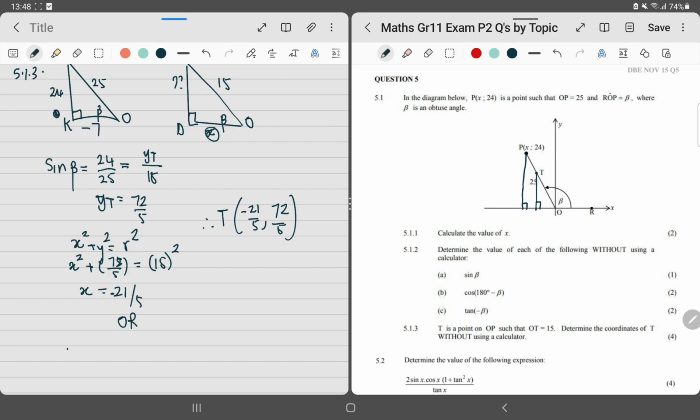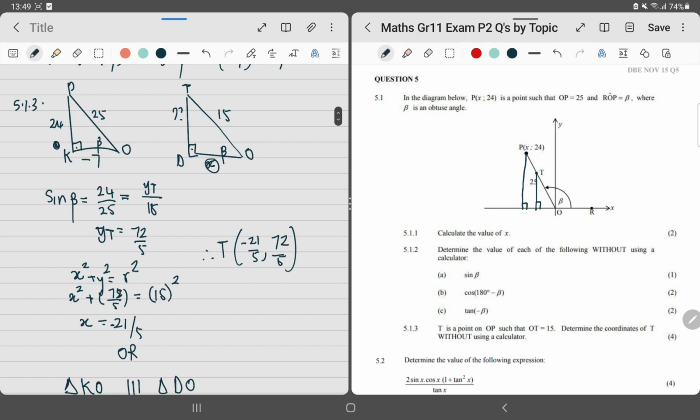So we'll say triangle is similar to triangle. So this K will be equal to the D on that side because they are both equal to 90 degrees. And then O is common in both of them. They are both equal to beta.